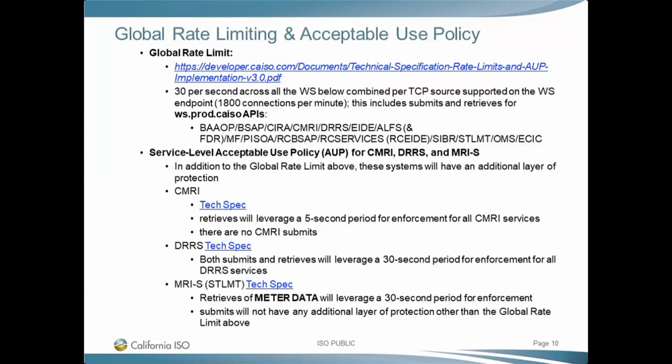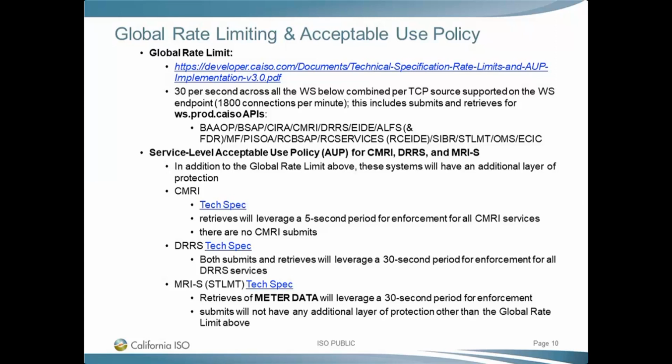I'll start from the top here, and there are 4 documents linked here that we've updated recently to provide clarity on the global rate limiting and also the acceptable use policy for the specific applications that are going to be impacted. For global rate limit, that is not changed as part of this, but this is just a reminder that we have a limit of 30 per second across all of the web services combined per TCP source that we are enforcing.